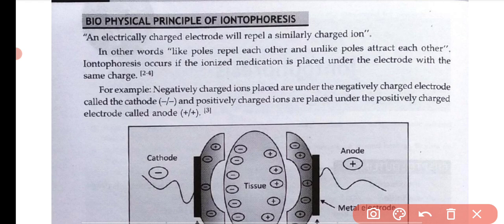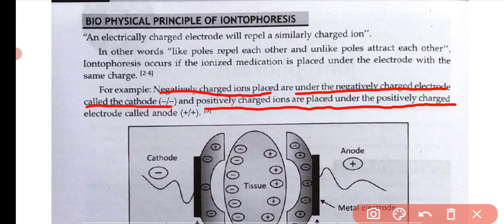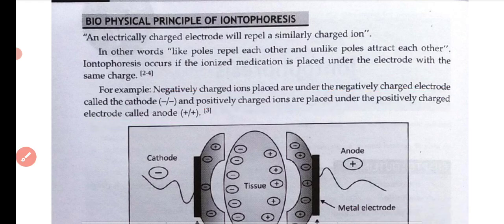Iontophoresis occurs if the ionized medication is placed under the electrode with the same charge. For example, negatively charged ions are placed under the negatively charged electrode, which is known as the cathode, and positively charged ions are placed under the positively charged electrode, which is the anode.